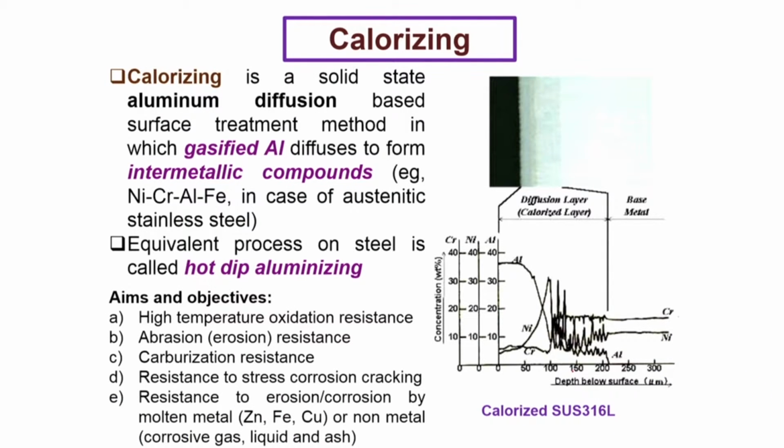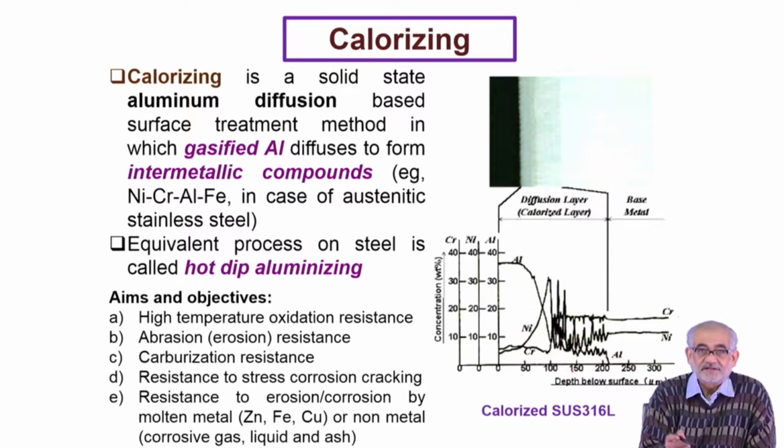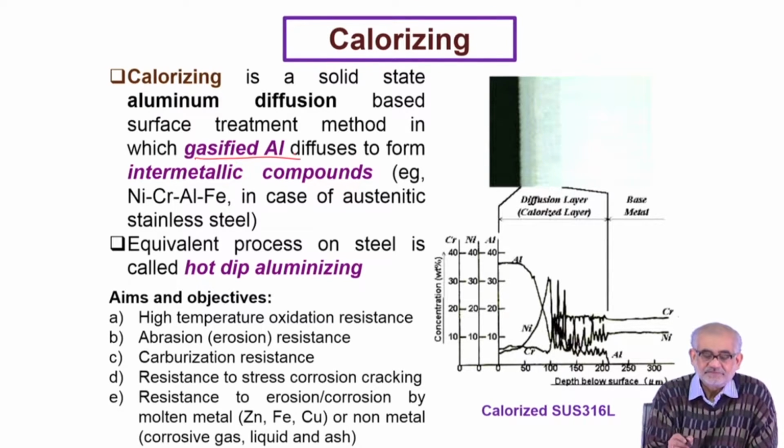So calorizing is a process where, unlike the previous hot dipping, we apply aluminum from the gaseous or vapor state. Here also we form intermediate compounds of various types, typically applicable, say, in the case of stainless steel.